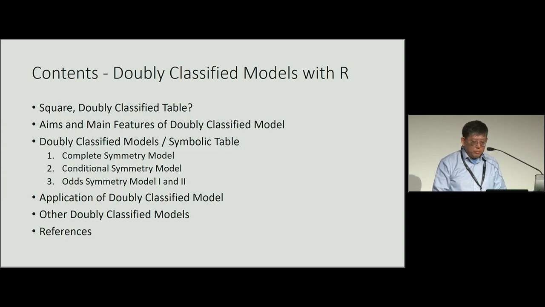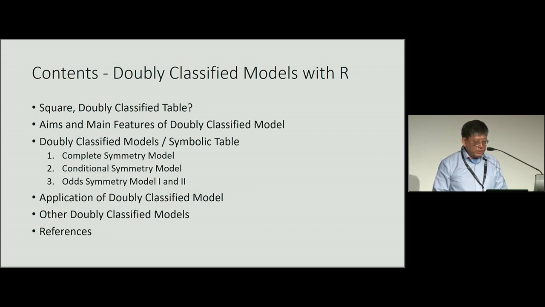At most it probably includes 1 or 2 chapters, or 1 or 2 models discussed under the topic of categorical data analysis. So probably the main aim of today is that by the end of the sharing, you will take home something, knowing what a doubly classified model is, find it useful, and you might consider using it in your future analysis.